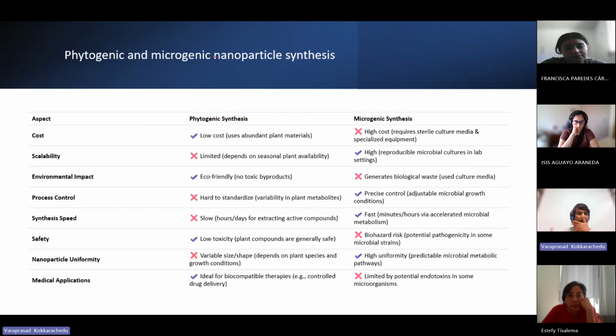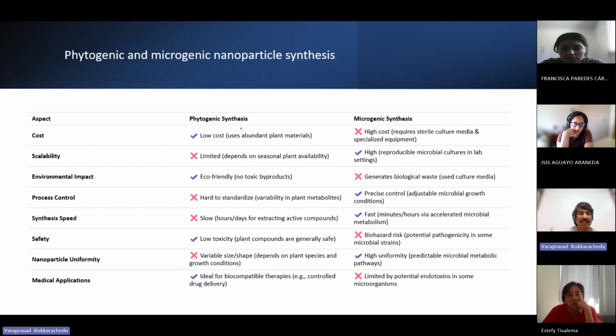This is more important for us, to compare how good these processes are and which process we can use. But remember, all the processes have advantages. First is cost. Phytosynthesis and biogenic synthesis are low cost.